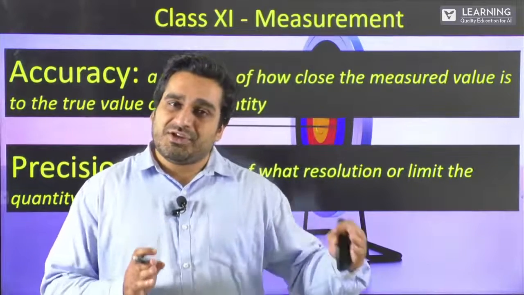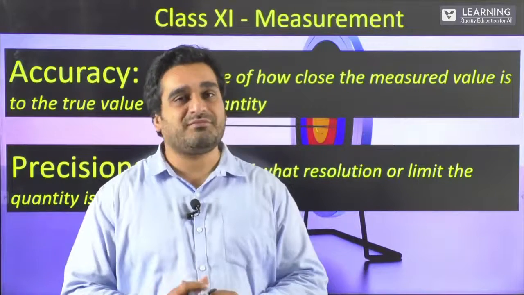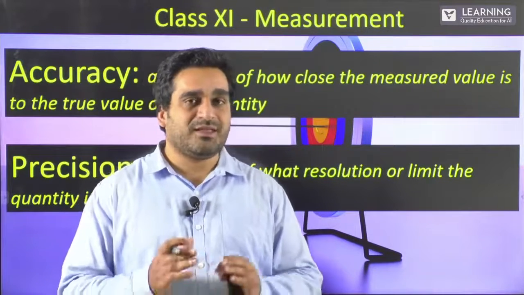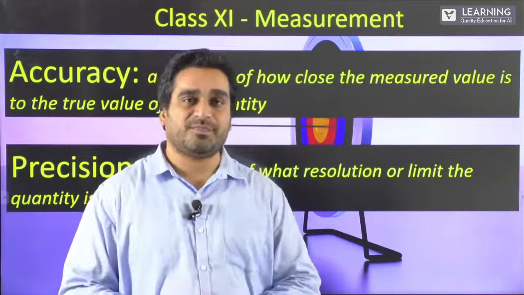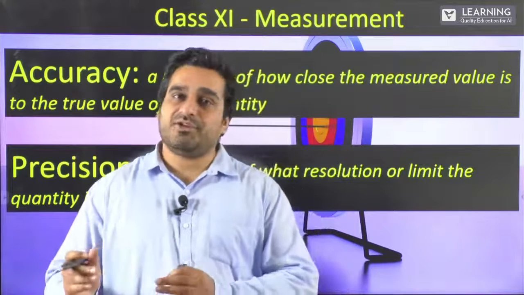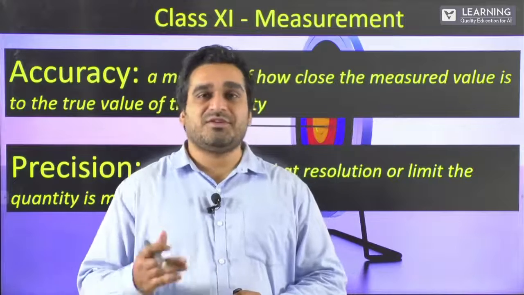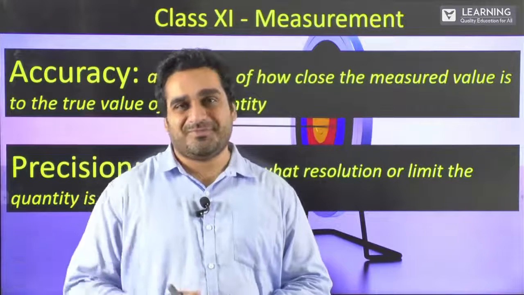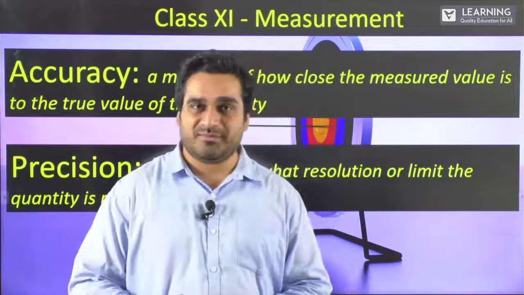So when you're making a measurement, remember the true value is 10.54. The first time you make a measurement, you get 10.5. The second time you make the same measurement, you get 10.2. The third time, you get 10.1.